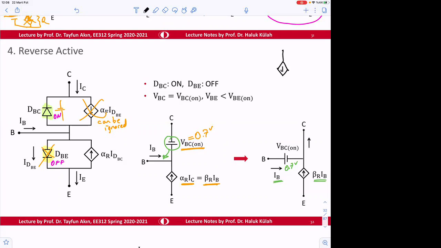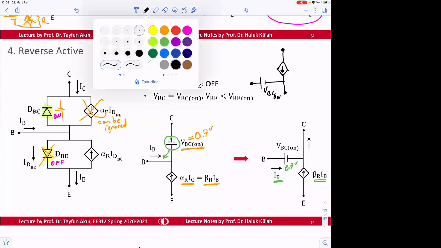We consider this as if somebody made a mistake, and then after that mistake, this looks like again a BJT. This is the base to collector on, and then 0.7 volts.